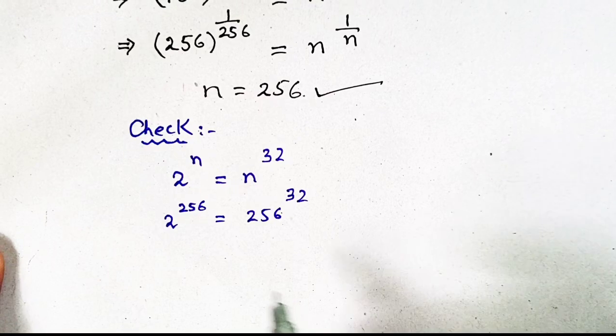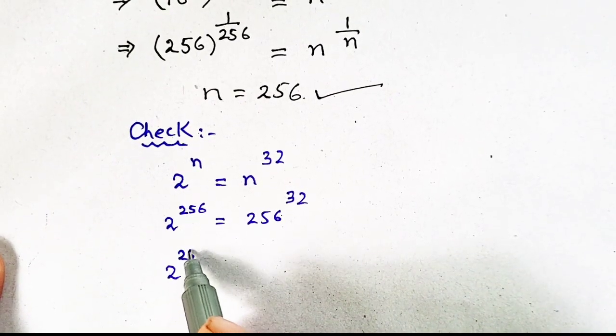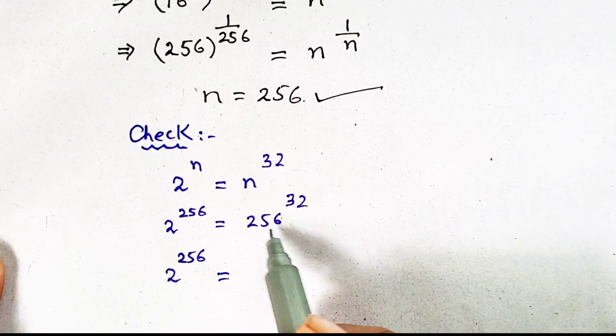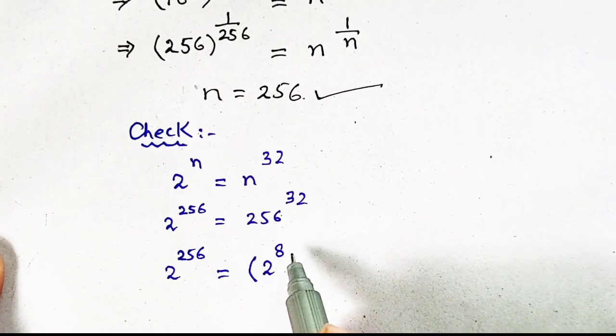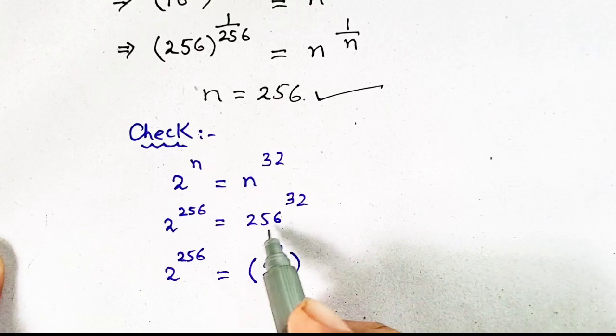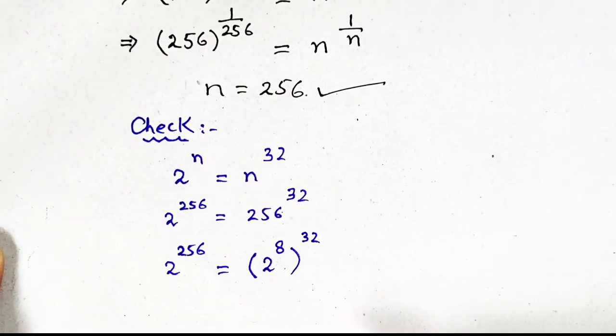Now we have to use a trick. 256 is power, so here we can replace it with 2 power 8, because 2 power 8 is 256 and 32 is its power, already power.